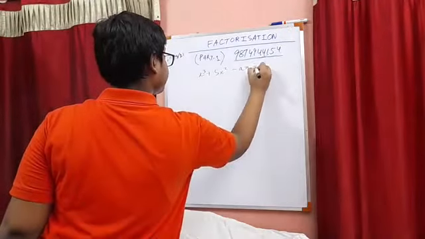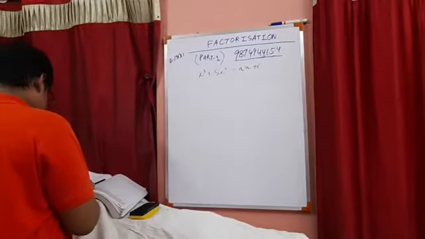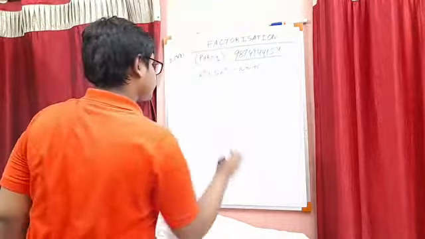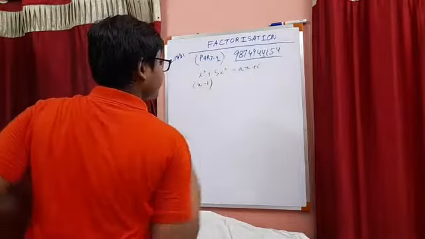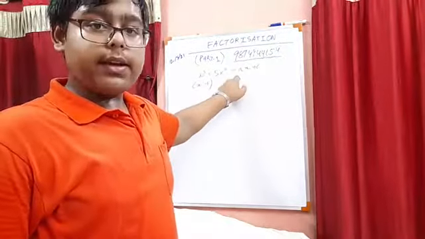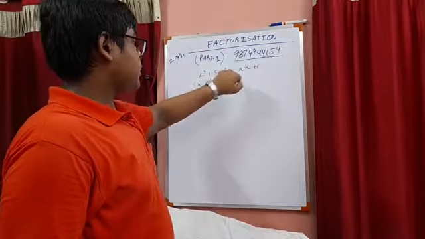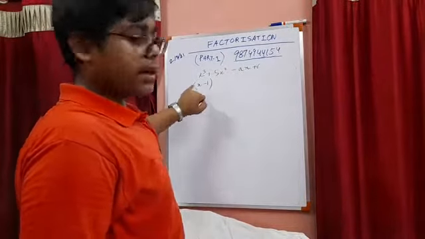We have to divide this by x minus 1. Here we need to find a, and the number we divide this polynomial by will be x minus 1.